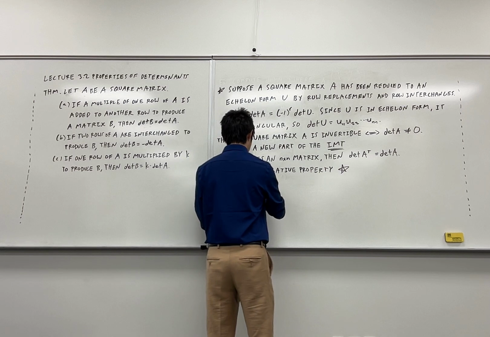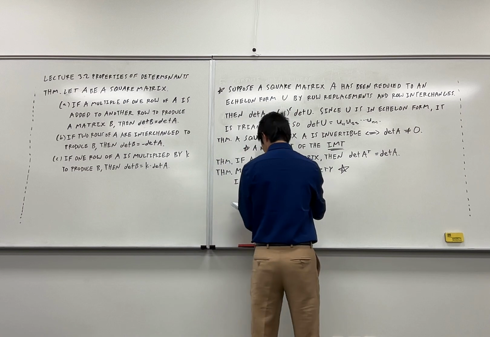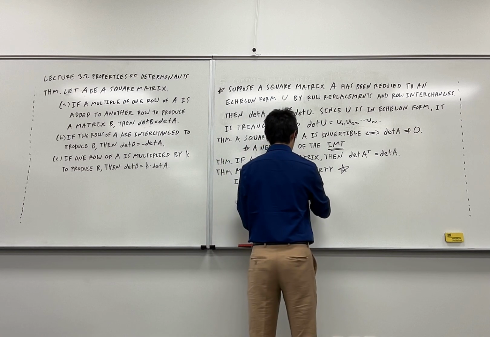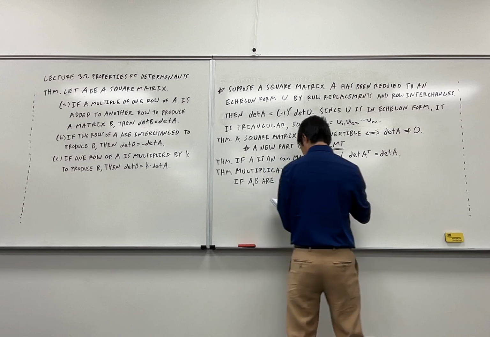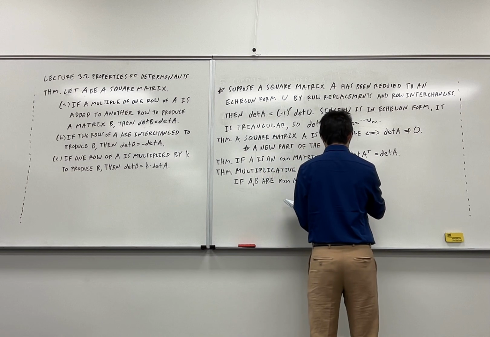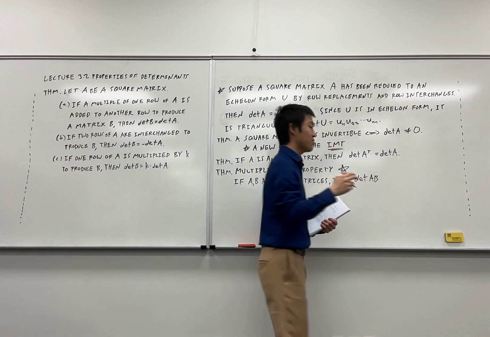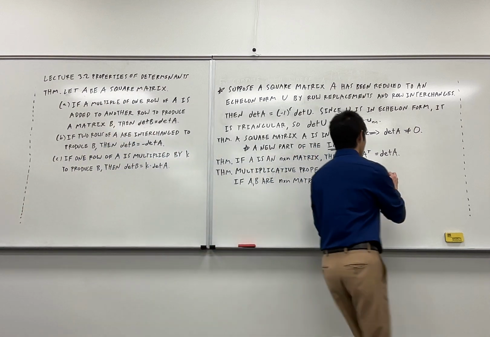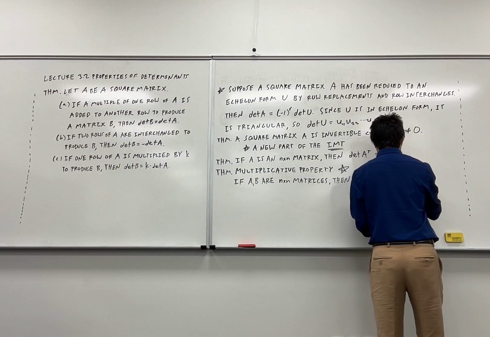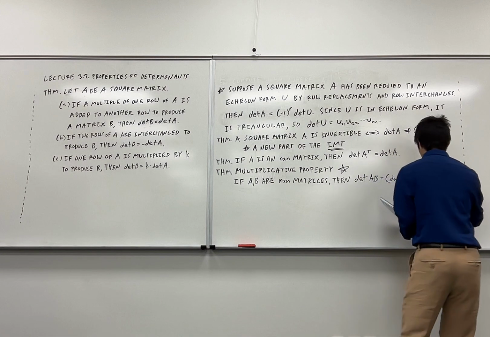If A and B are n by n matrices, then the determinant of the product AB, so if I multiply A and B together and then want the determinant of the resulting product, is the same thing as the determinant of A separately multiplied by the determinant of B separately.